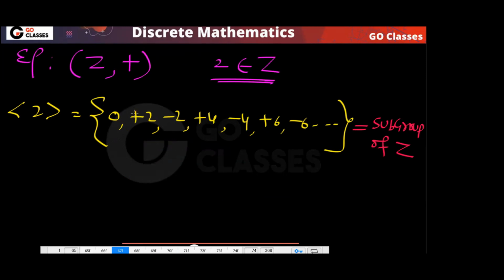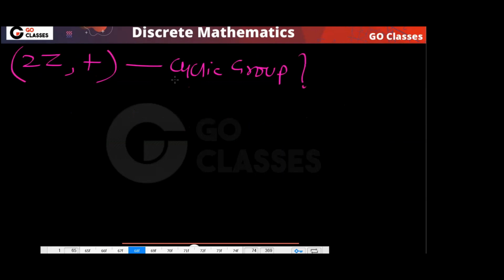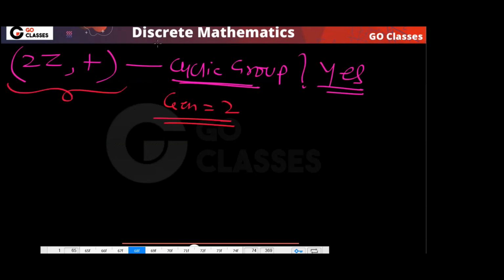Now tell me, is this a cyclic group? Individually, think about this 2Z, comma, addition. Can I say this is a cyclic group? The answer is yes, and the generator is 2.